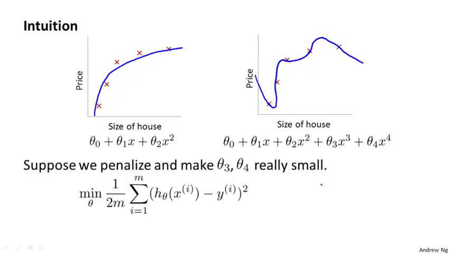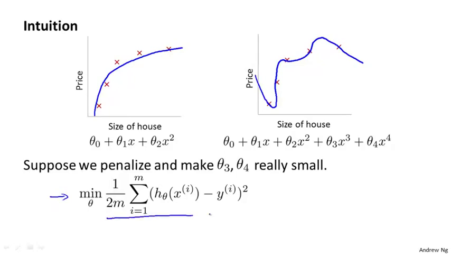Consider the following. Suppose we were to penalize and make the parameters theta3 and theta4 really small. Here's what I mean. Here's an optimization problem where we minimize our usual squared error cost function.